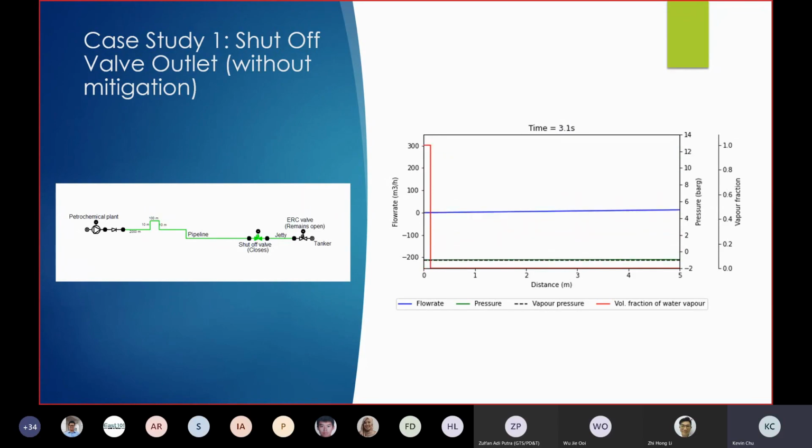Okay, so you can clearly see that the vapor is formed right after the shut off valve.